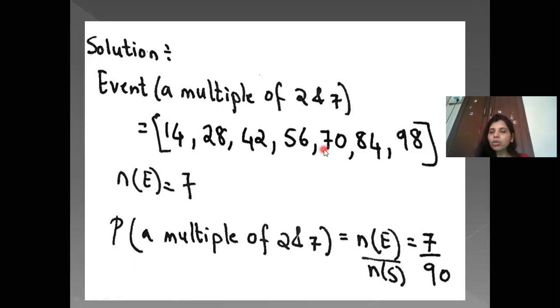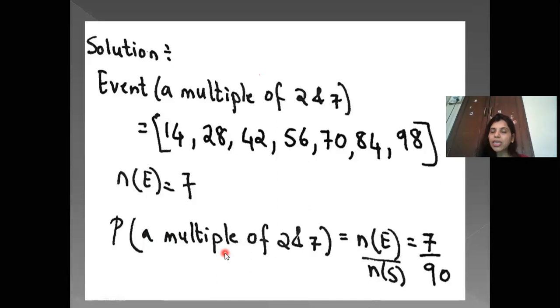So when you go on saying the table of 2 or the table of 7, pick out numbers that also come in the table of the other number given to you. Accordingly you make the list. In the list, how many numbers are there? 1, 2, 3, 4, 5, 6, 7. So the number of events becomes 7.